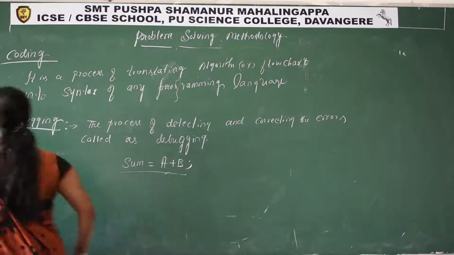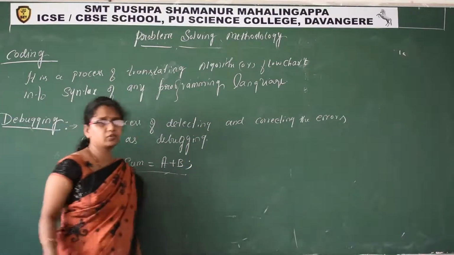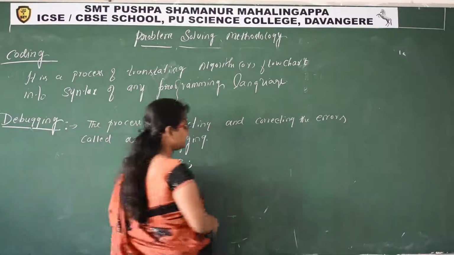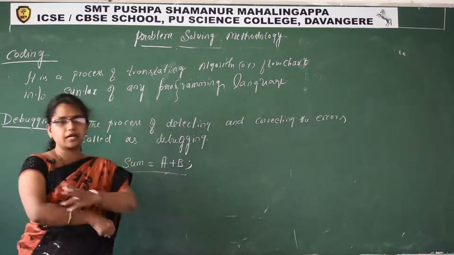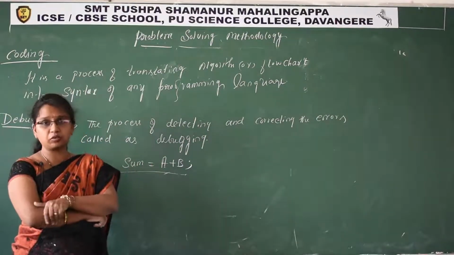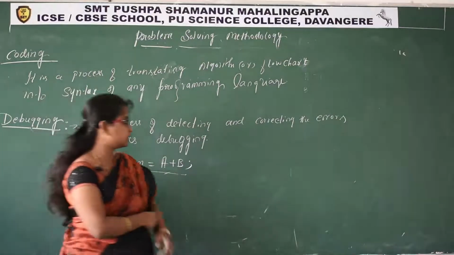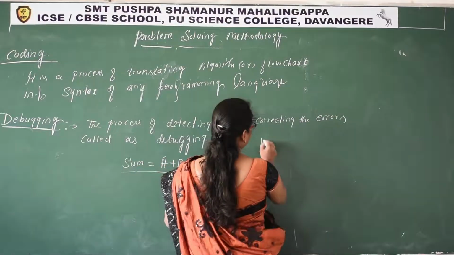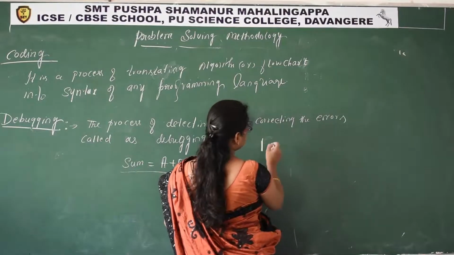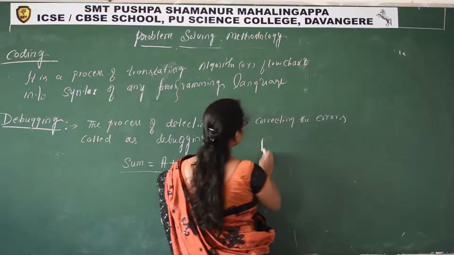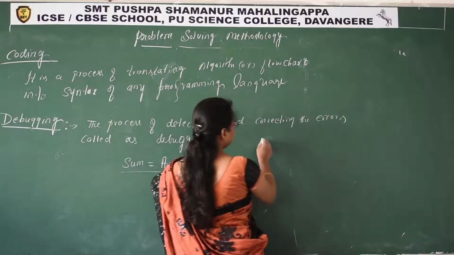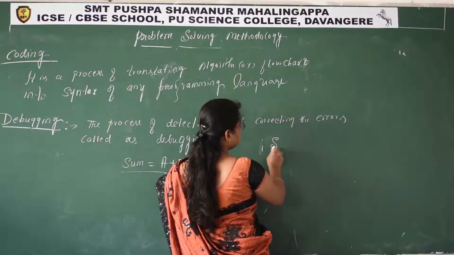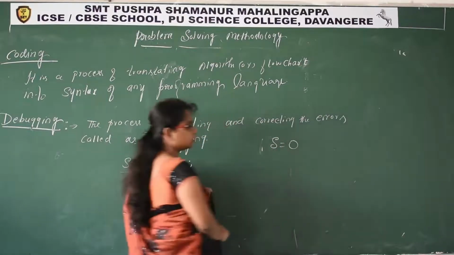And without initializing, if you use a variable, for example, in the last class we discussed the sum of n natural numbers. There I took sum is equal to 0, no?